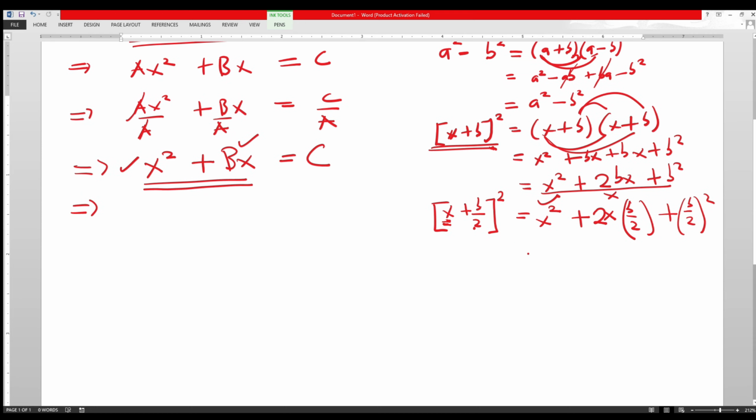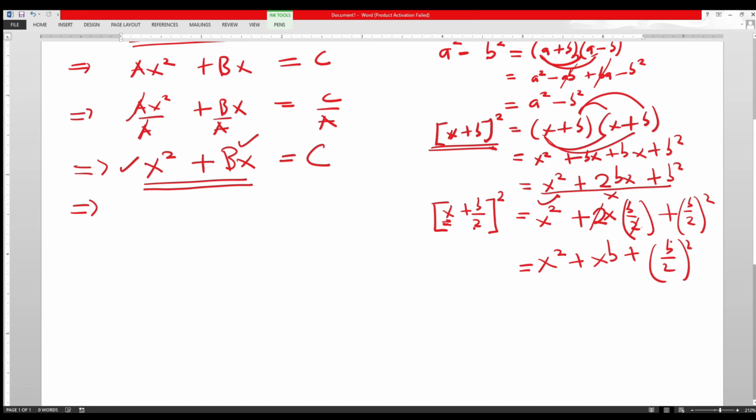Okay? Now, let's simplify further. This is the same as x squared plus, this 2 and this 2 will cancel out. So we're going to get xb or bx, okay, plus b over 2 all squared.